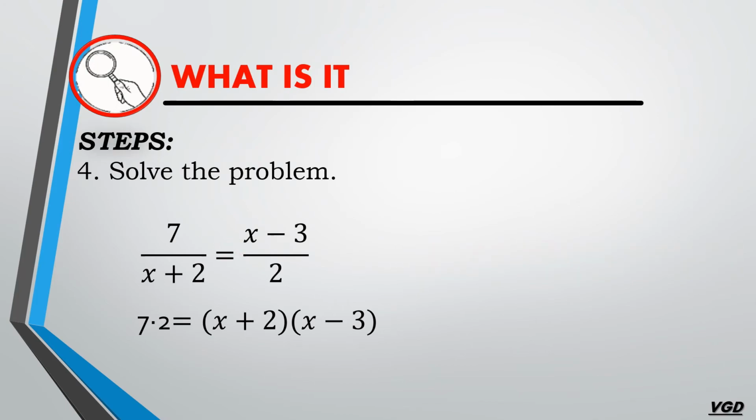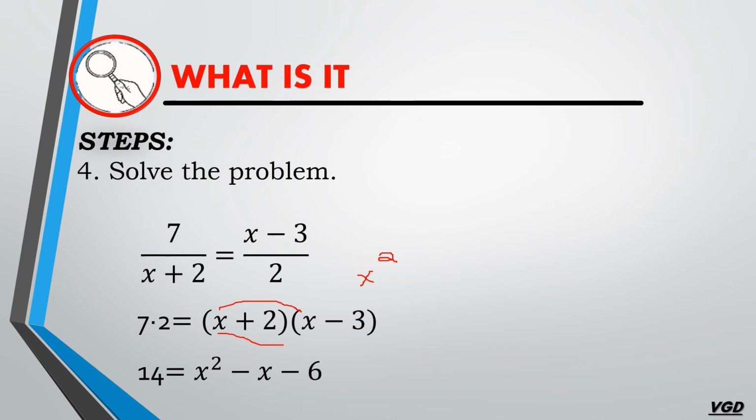7 times 2 is equal to 14, and for the quantity of x plus 2 times the quantity of x minus 3, we just have to apply the FOIL method. We will get x squared minus x minus 6. How did we get it? Again, the FOIL method. x times x is x squared.